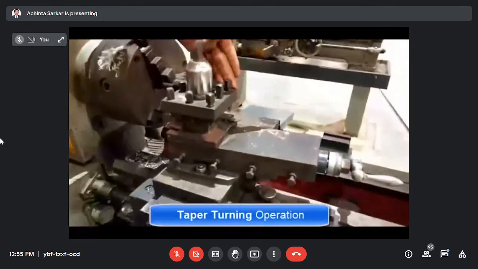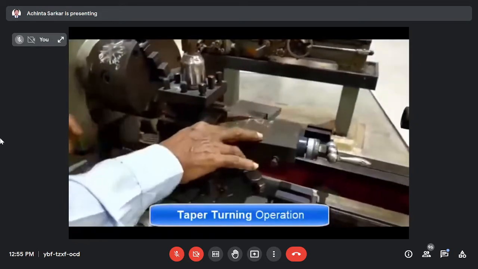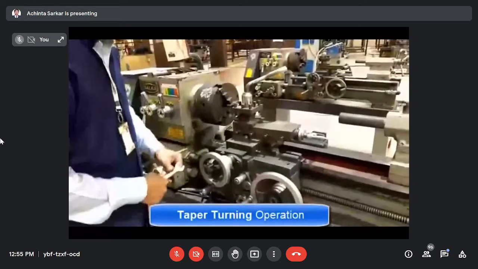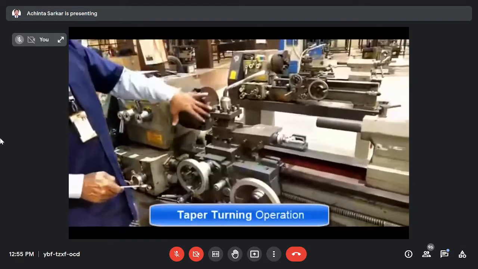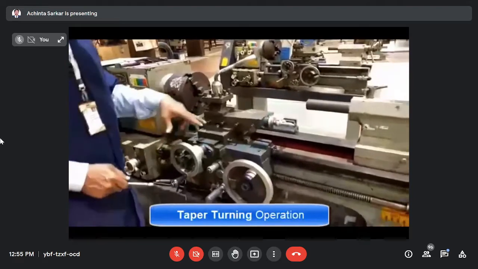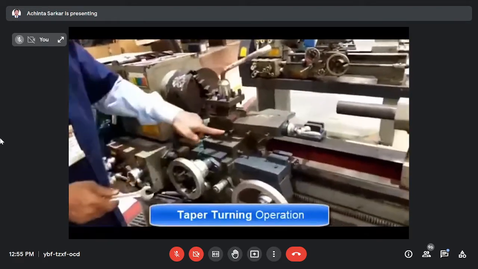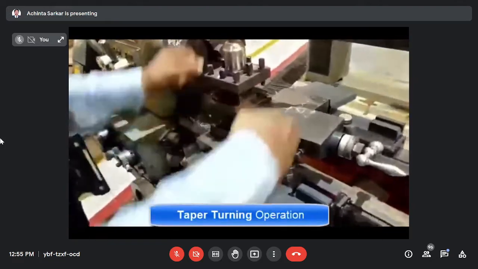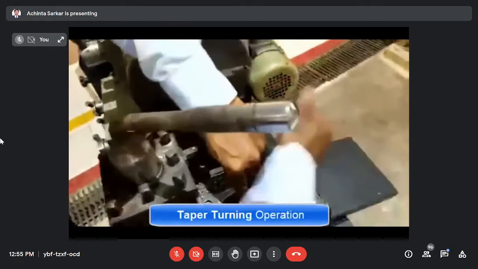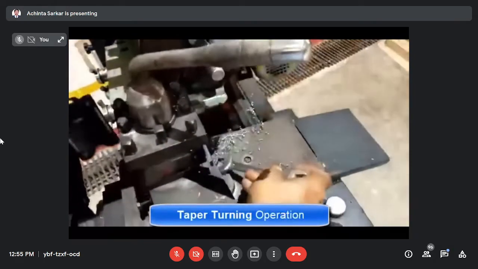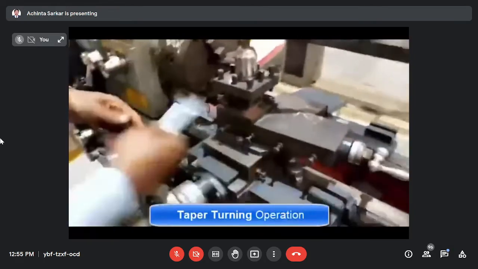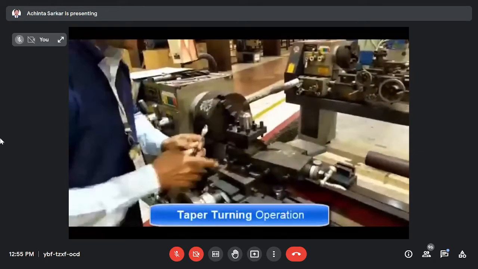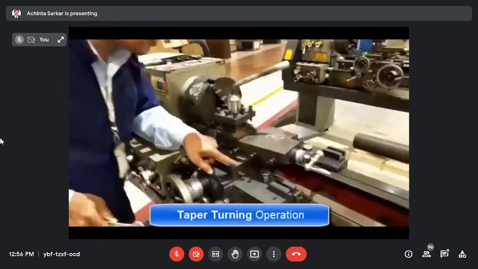After loosening, this part rotates 360 degrees. Here the instrument divisions are given, 0 to 40 and 0 to 50.